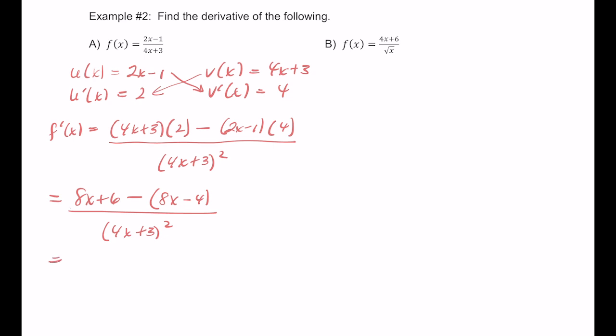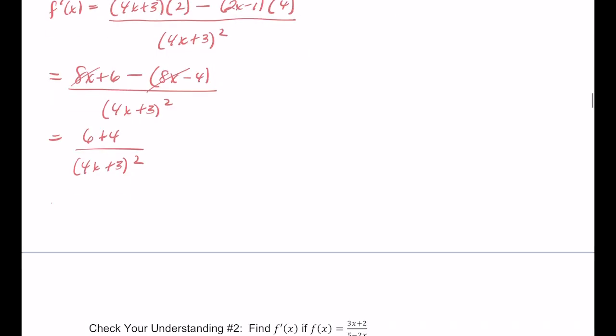And then I know the 8x's are going to cancel out, and I would get 6 minus a negative 4, which is just 6 plus 4. And then it's over 4x plus 3 squared. So I would have 10 over the quantity 4x plus 3 squared. So there's my derivative.